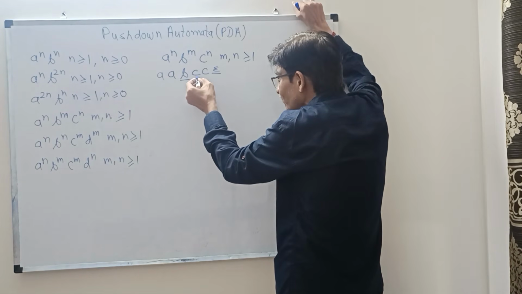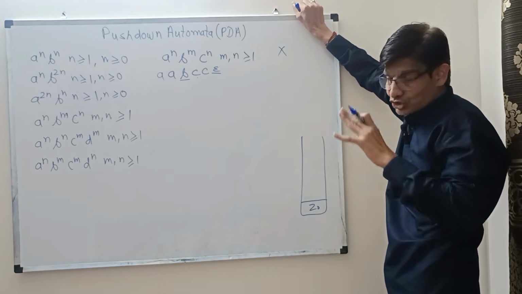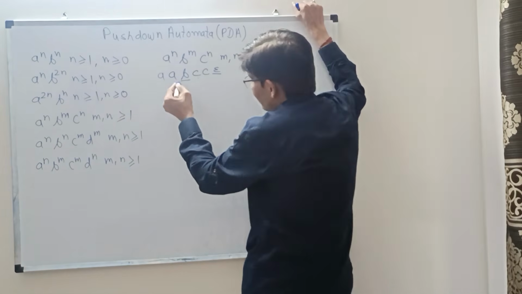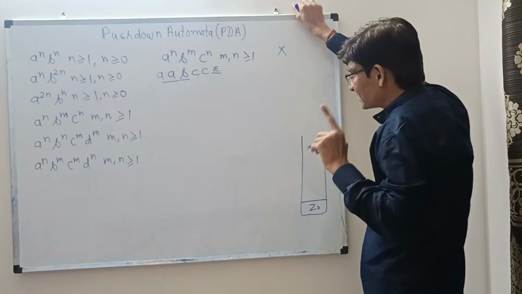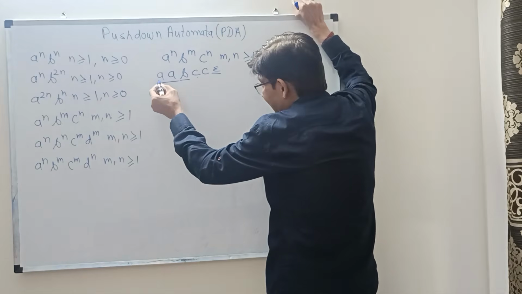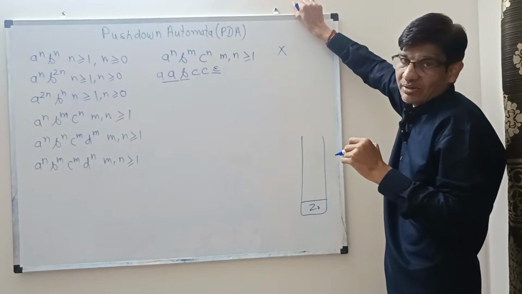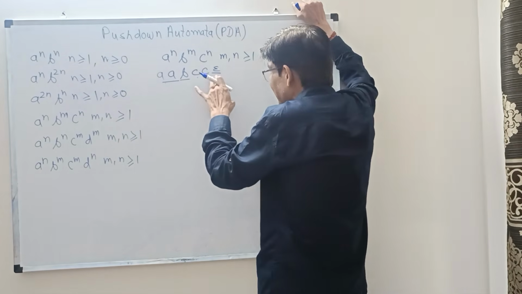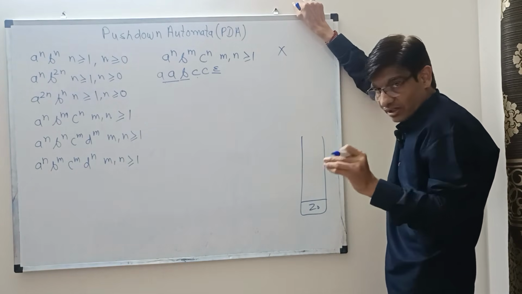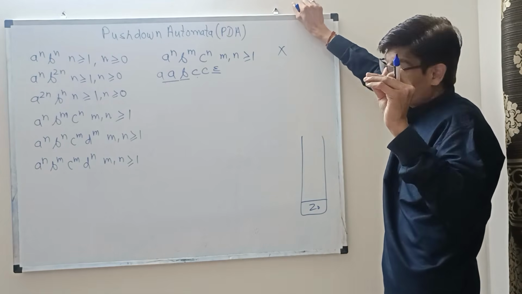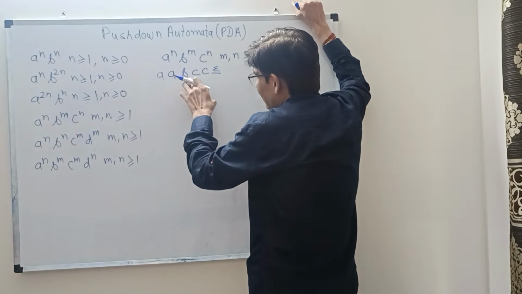When we read C, we will start popping one element from the stack. So if we have the same number of A's and C's, for all A's we push one element and for all C's we pop one element. After reading the complete string, Z0 must be on the top. This is how we can ensure the same number of A's and C's.